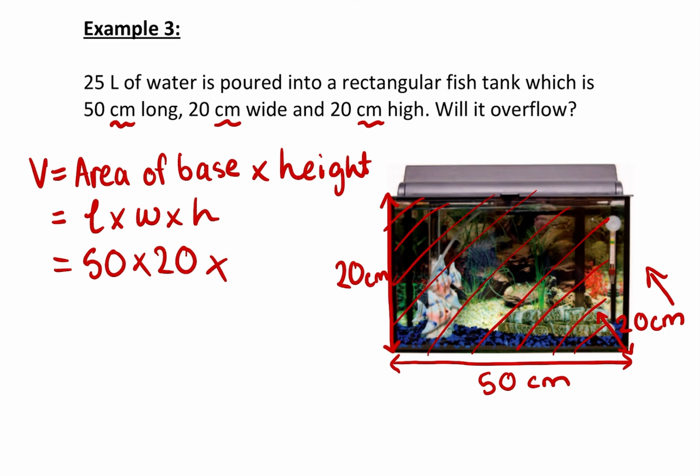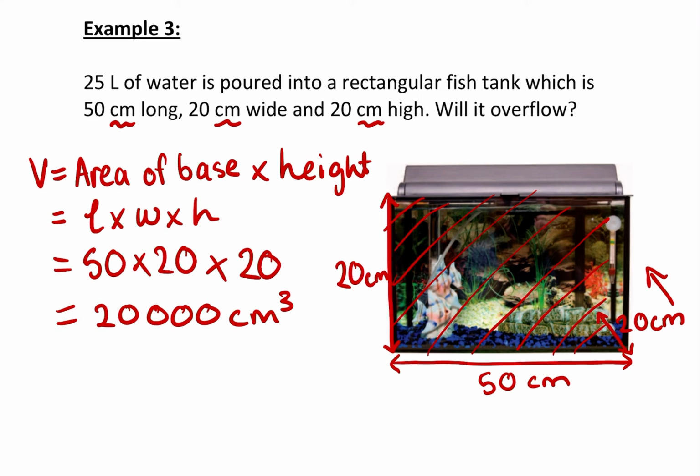Then we multiply by the perpendicular height. So it's been extended by another 20 centimetres in a different dimension. So 50 by 20 by 20 is 20,000. So our volume is going to be 20,000 cubic centimetres.